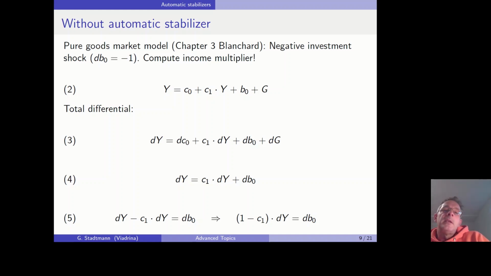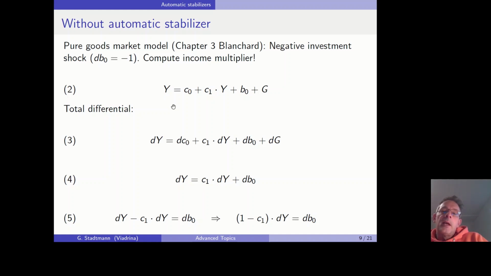I'm opting here for a pure goods market model, chapter 3 Blanchard, and a negative investment shock occurs. So the autonomous component of investment decreases by 1 unit. And the assignment question is that you should compute an income multiplier.